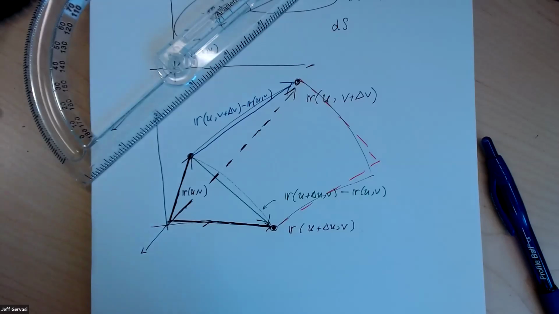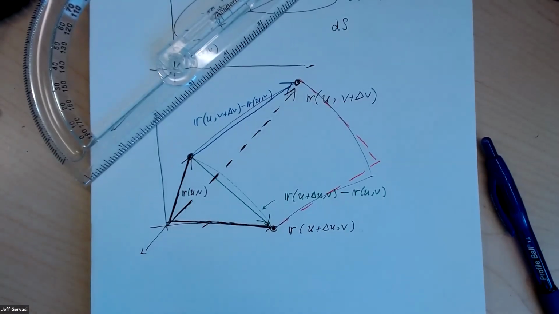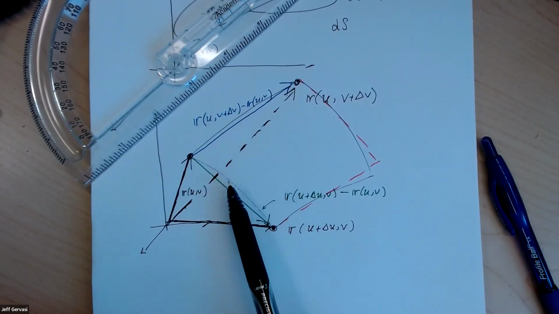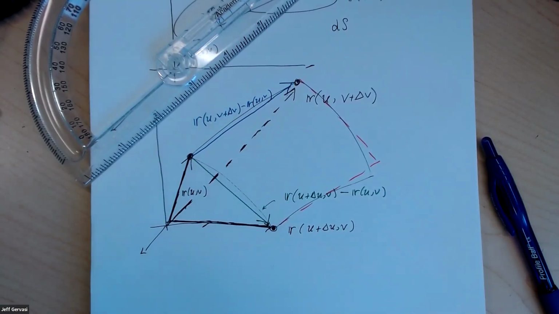In other words, the differential element of surface area, dS, is approximately equal to the area of that parallelogram. Now, what is the area of that parallelogram? From our earlier work, we know that if we first take the cross product of these two vectors and then find its magnitude, that will give us the area of the parallelogram.